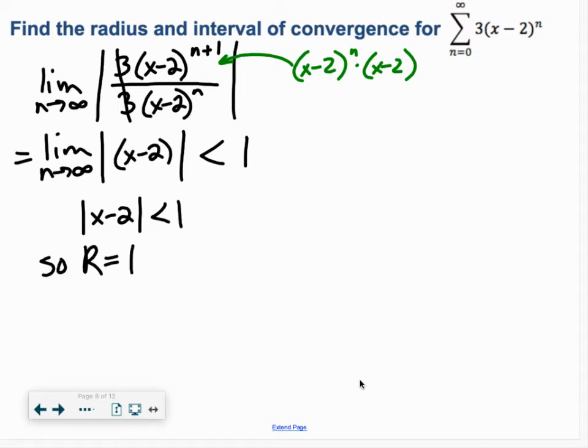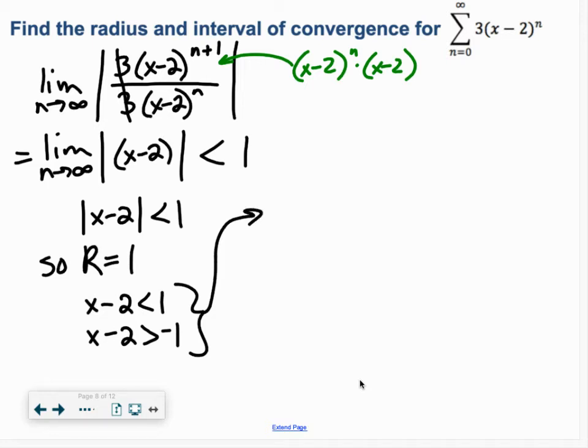Now to find the interval of convergence, let's remember how we deal with an absolute value inequality. If you have absolute x minus 2 is less than 1, that means either x minus 2 is less than 1 or x minus 2 is greater than negative 1. We can write this as a compound inequality: negative 1 is less than x minus 2, which is less than 1.